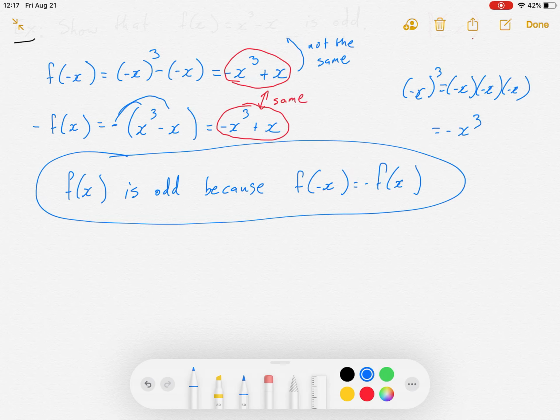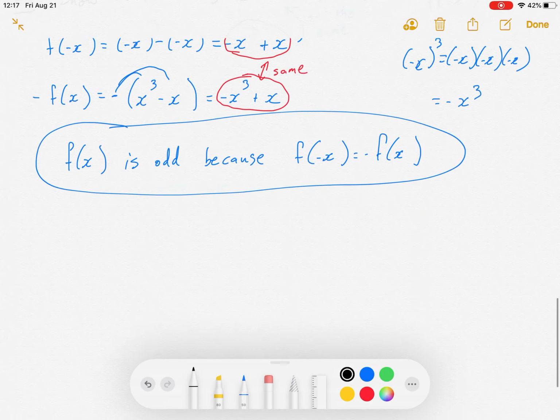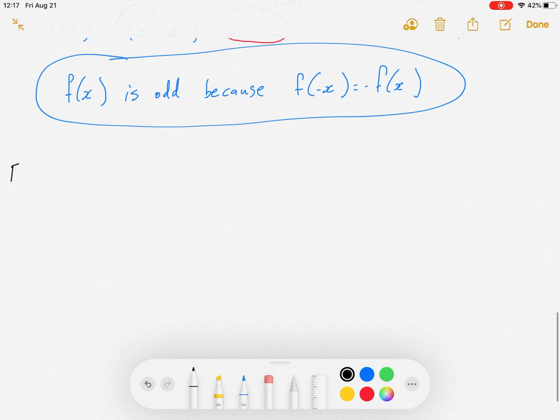Okay, let's try an even one now. And I'm going to change this problem just a little bit this time. So rather than telling you to prove something is odd or even, I'm just going to ask, what is it?